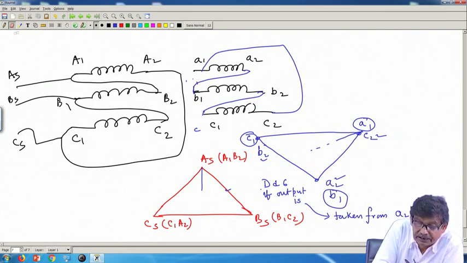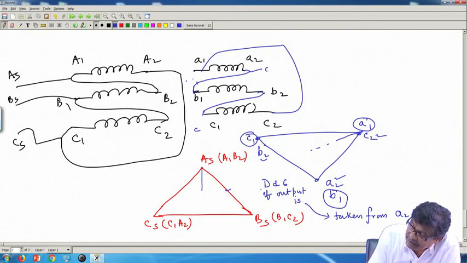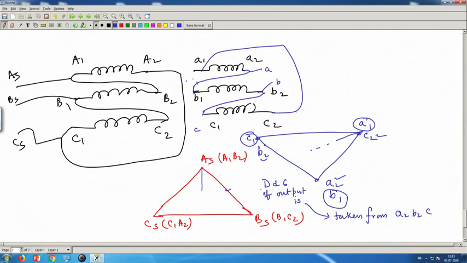That is, you take the output from say this you say A, this you say B, this you say C. Okay, in this case you can compromise a bit and not that much.